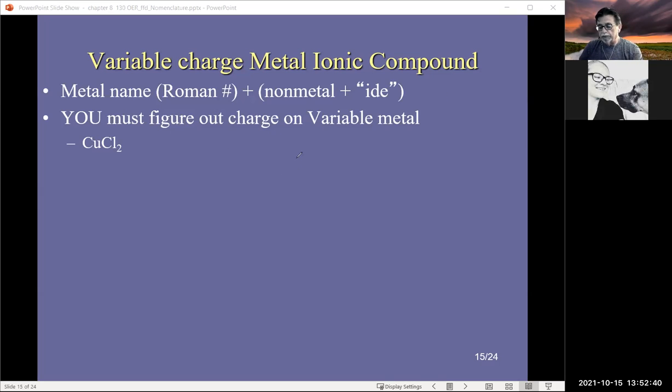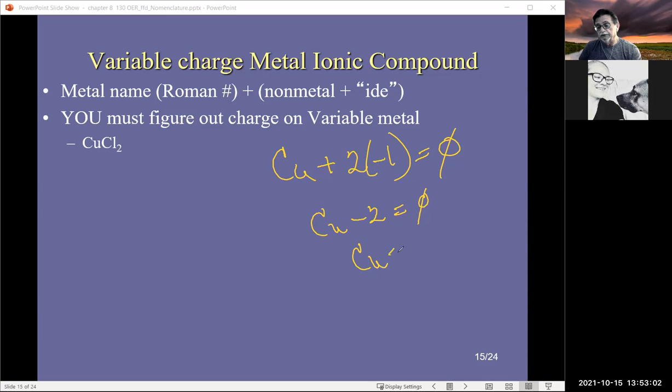And so put into a simple formula: I've got Cu, which I don't know what its charge is, but I do know that there are 2 chlorides and each one is a -1. And that whole thing equals 0. That molecule equals 0. Okay? It's a neutral species. So that means that Cu - 2 equals 0, and so obviously Cu is equal to +2.